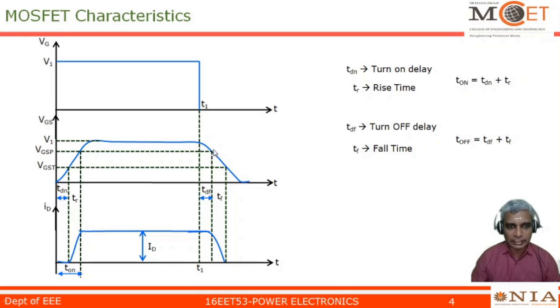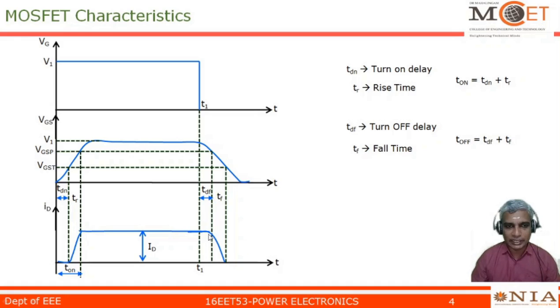This is the voltage which keeps the MOSFET in the on state. So the voltage is coming from V1 to VGSP, and that duration is what we call the turn off delay, TDF. And from VGSP, the voltage again comes down to VGST, and that time duration is what we call the fall time.